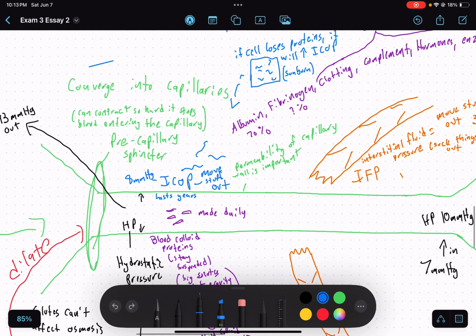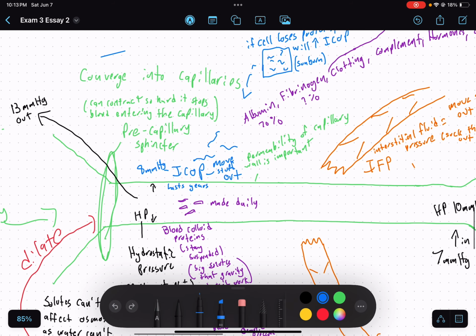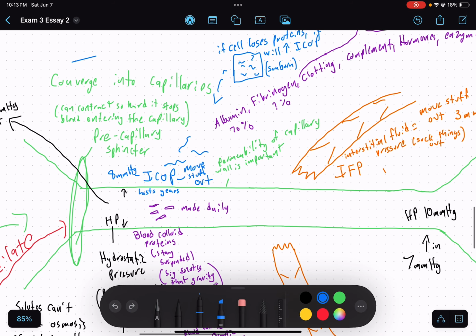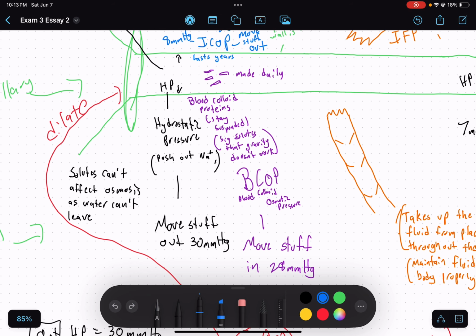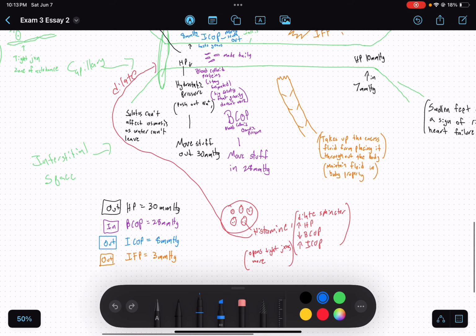And so it's pushing out other fluids. It's helping push out fluids. And with the hydrostatic pressure, we have around 30 milligrams. Nope, it should be 28 milligrams.